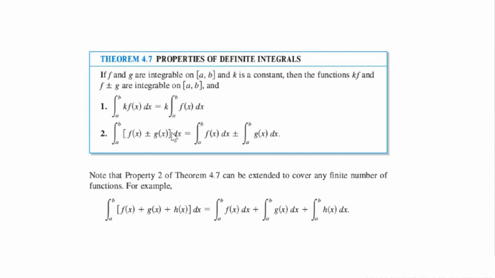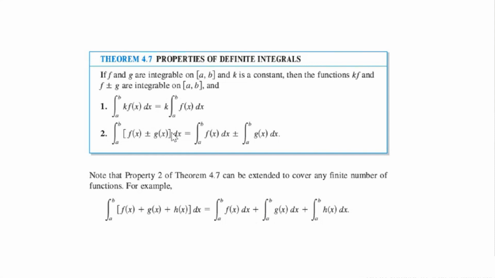So next property, we have the properties of definite integral. We call this one theorem 4.7 in this book that I've used. If f and g are integrable on closed interval [a, b] and k is a constant, then the functions kf and the sum of the two functions f and g are integrable on the closed interval [a, b].